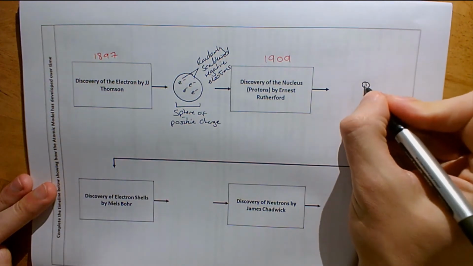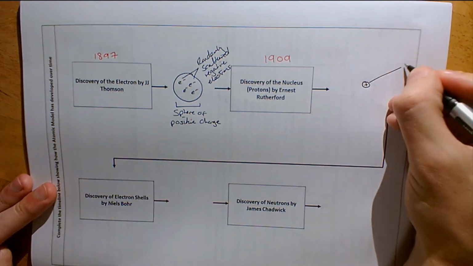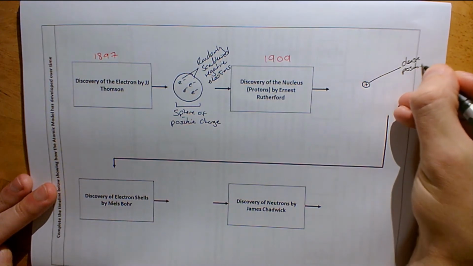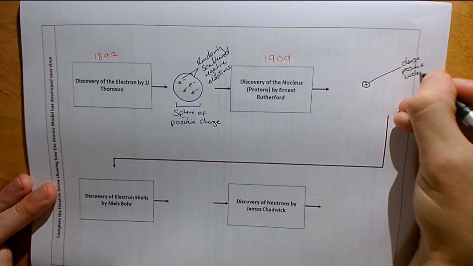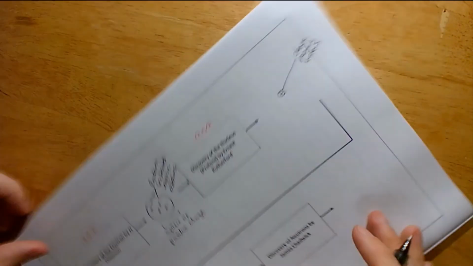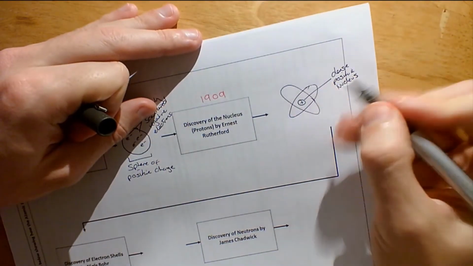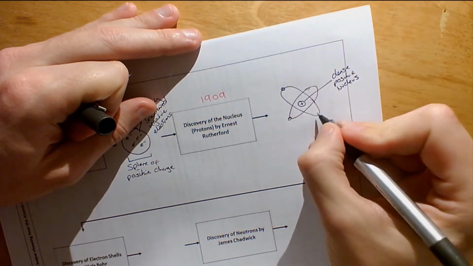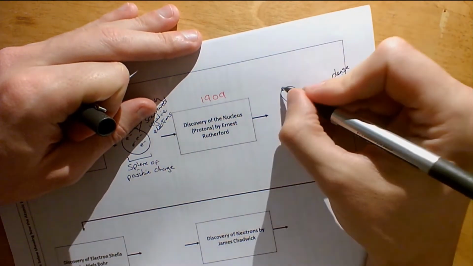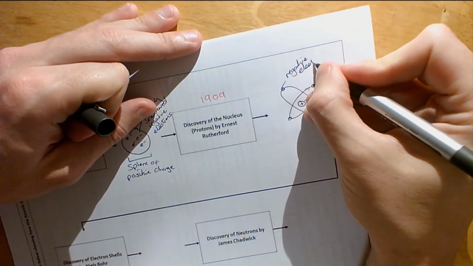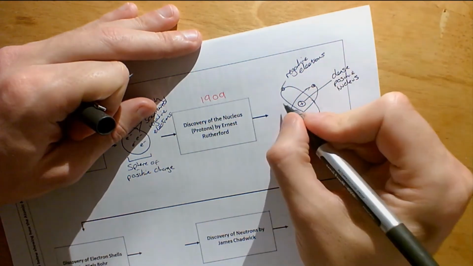So we've got our positively charged nucleus, so our dense positive nucleus, and our electrons orbiting around that central nucleus. So we have our negative electrons in orbitals.